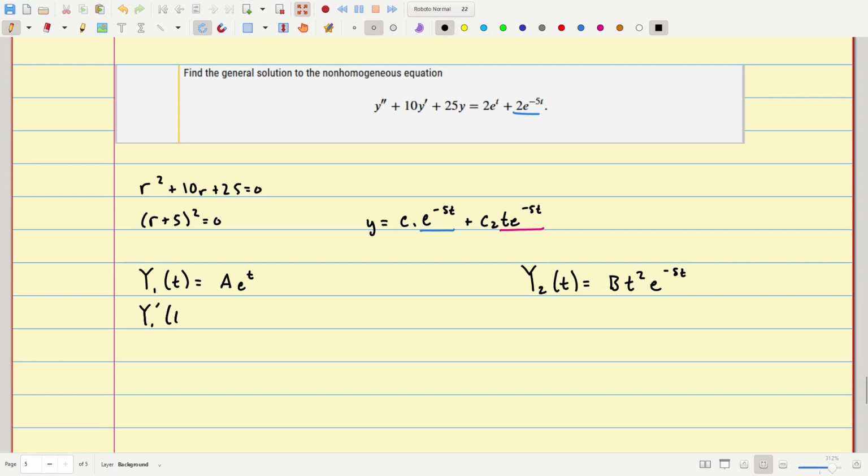Linearity says that we can compute these independently, so we're going to do it this way just to keep things as simple as possible. And that's particularly important because we start getting product rule derivatives for this other factor here.